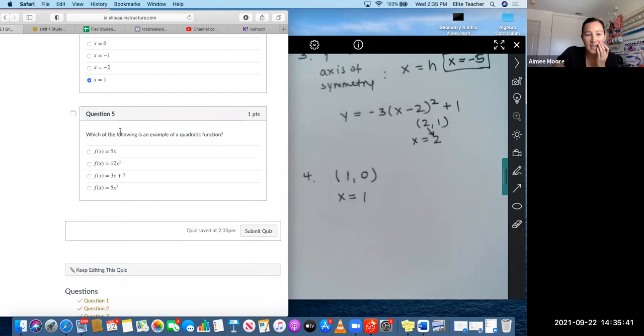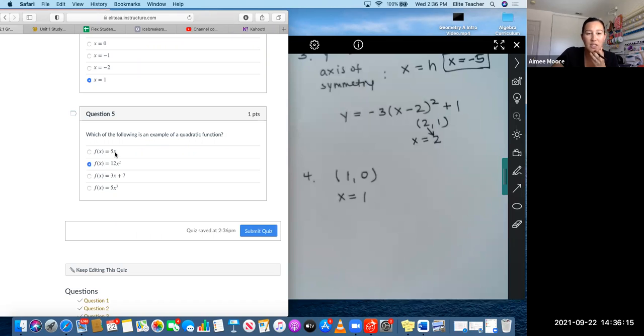Okay, and we'll end nice and easy. Which of the following is an example of a quadratic function? So a quadratic function has to have a squared term. So the variable with the highest power is a squared term. So it has to have an x squared, an a squared, a b squared, which means, like Isaiah said, it is 12x squared.